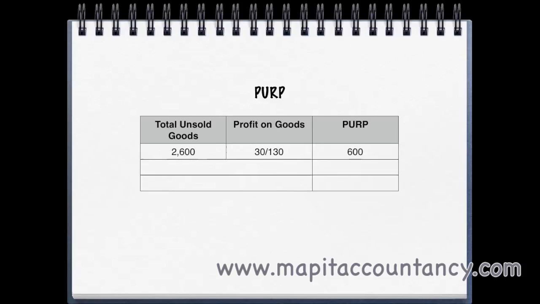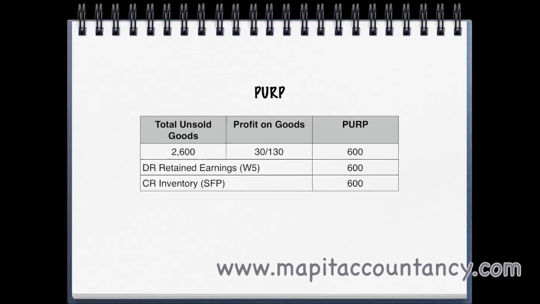What do we do with that? Well, because it's the parent selling to the subsidiary, the NCI won't be affected. So we'll debit retained earnings in our working 5 with 600, the full amount of the PERP, and credit inventory. Because remember, that inventory is overvalued. It includes profit that was made between the parent and the subsidiary.